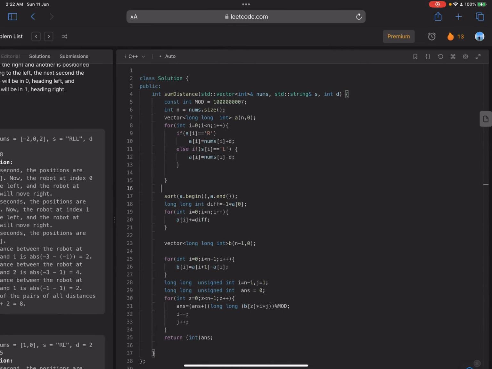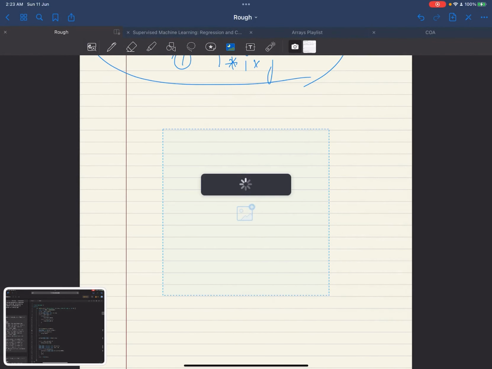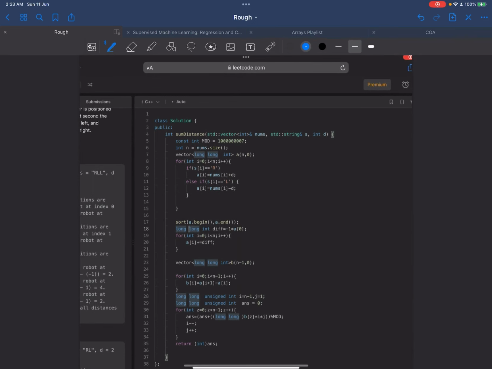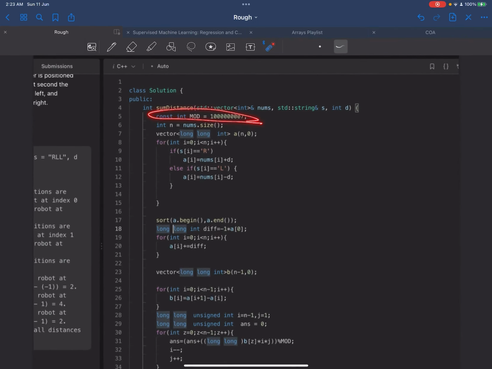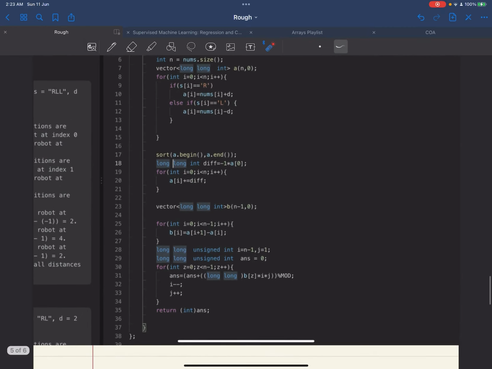Okay, so let's add this first. So this is a mod, right? And we have taken the final distances between them in the vector a, right? And we have sorted the vector, and we have referenced it with 0, right?